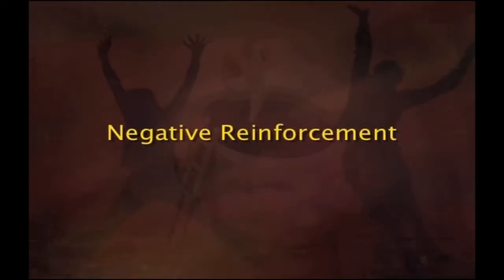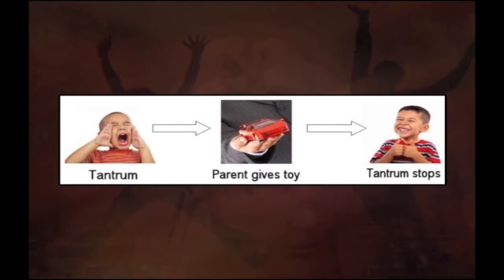Coming to negative reinforcement. Negative reinforcement is taking something negative away in order to increase a response. For example, in this picture you see the child is an autistic child. He is throwing a temper tantrum. Negative here means taking away something undesirable to increase a positive response. In this example, the child's tantrum is being replaced by the parent giving a toy.